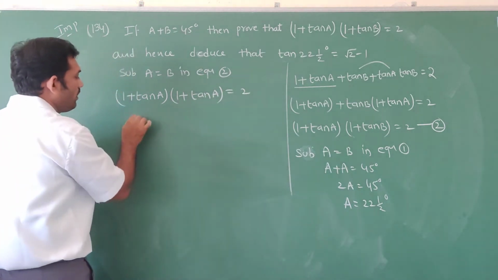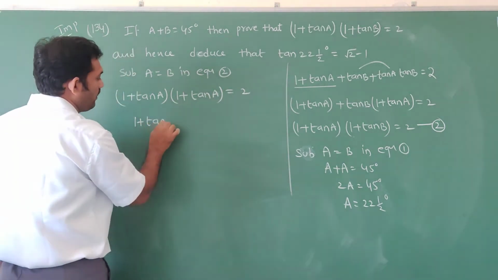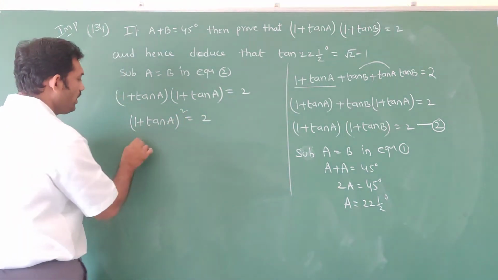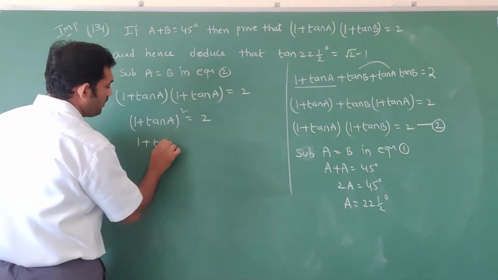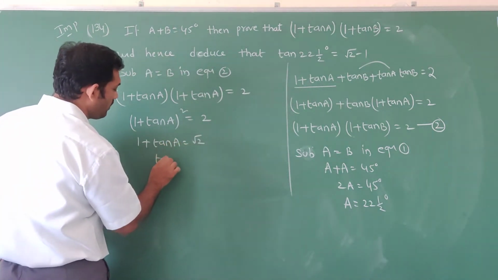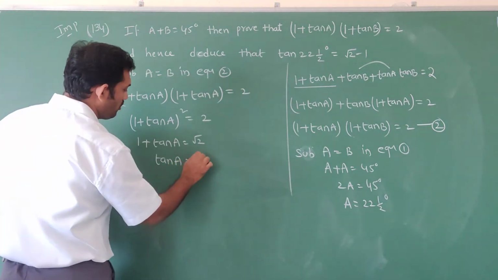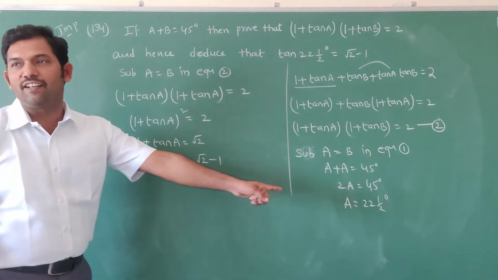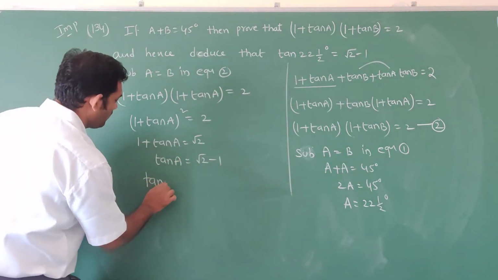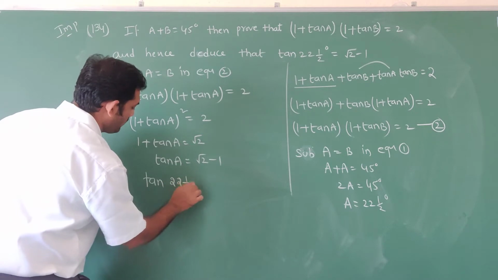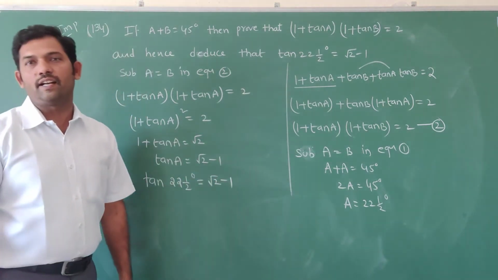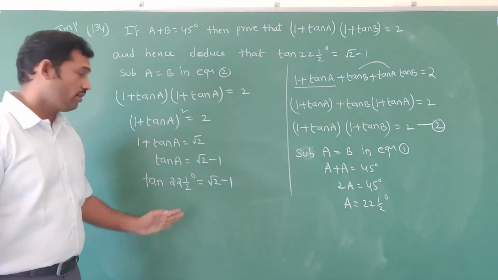So 1 plus tan A is equal to root 2. So tan A is equal to root 2 minus 1. Already the A value is 22.5 degrees. So tan 22.5 degrees is equal to root 2 minus 1.